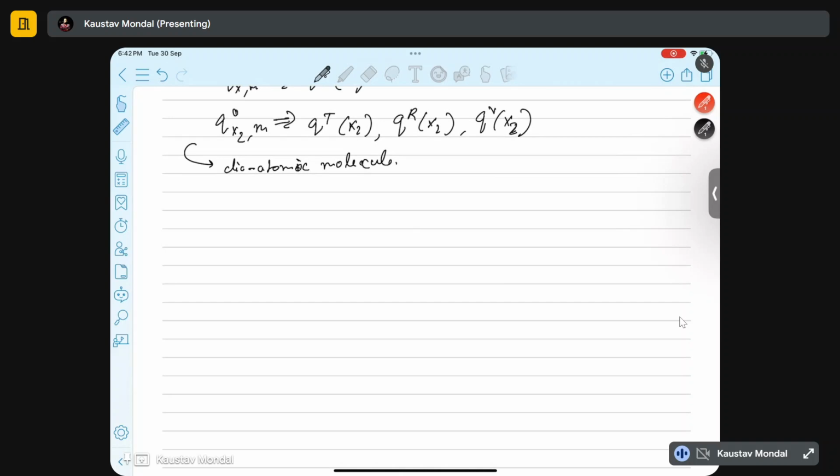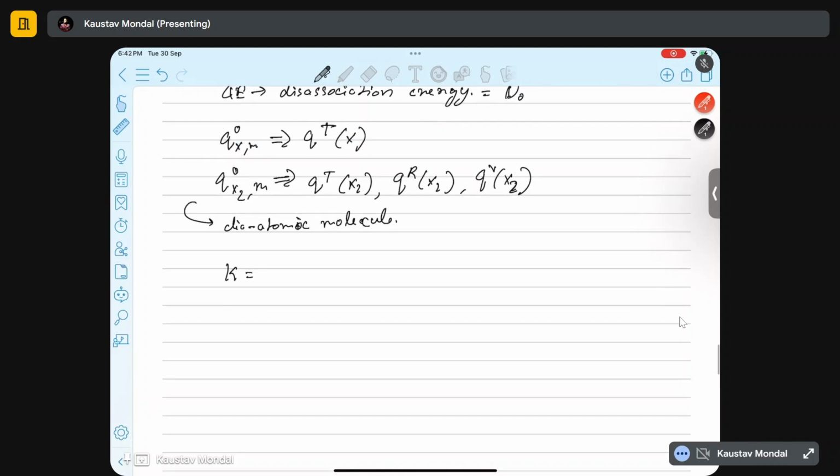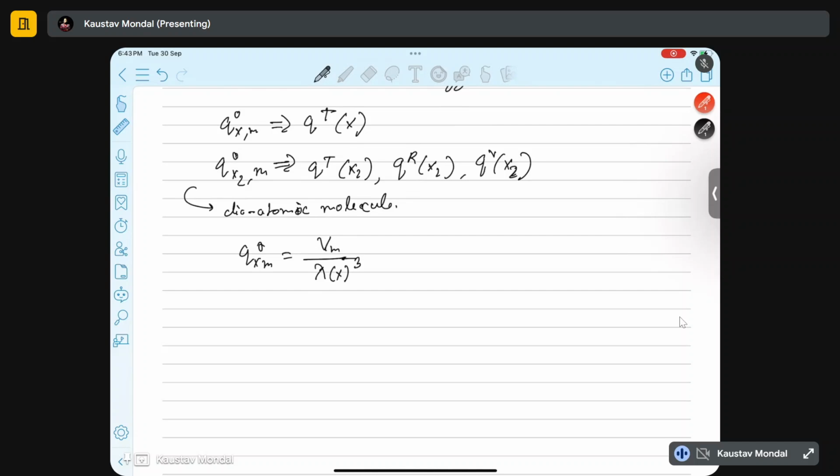So now what you can write, you can simply write the K as, so let's take the qX first, right? So the translational part is simply Vm by lambda X whole cube, right? This is the translational because this only has a translational contribution. It doesn't have any rotational contribution.